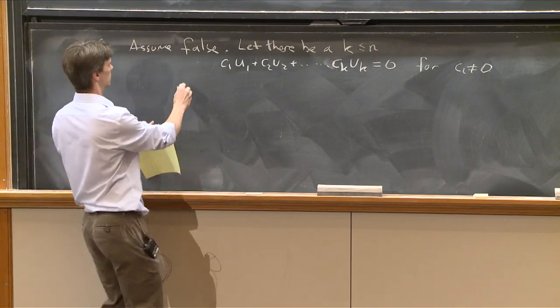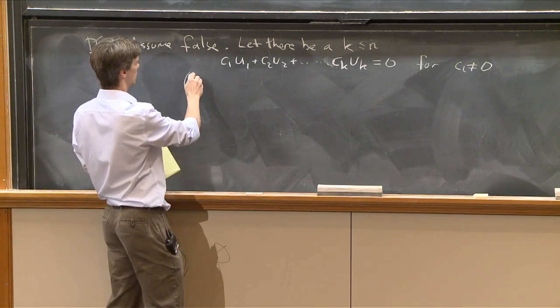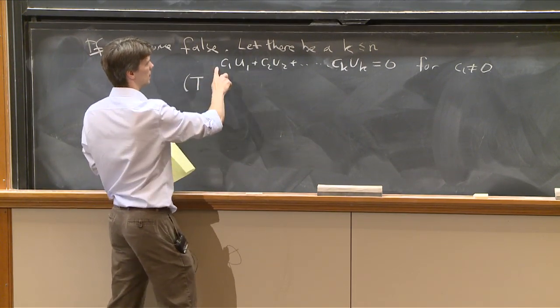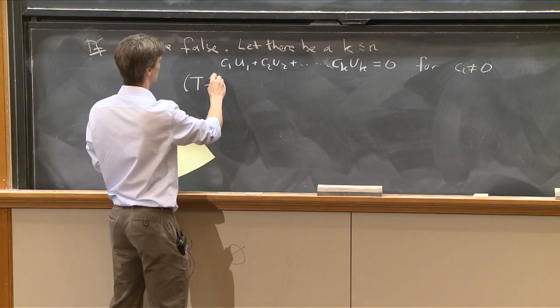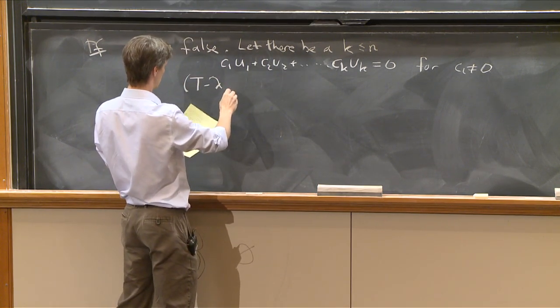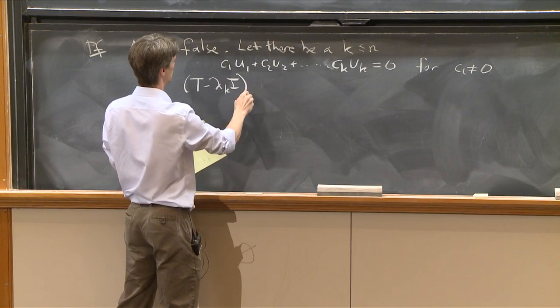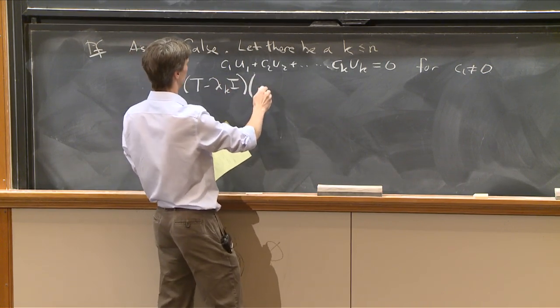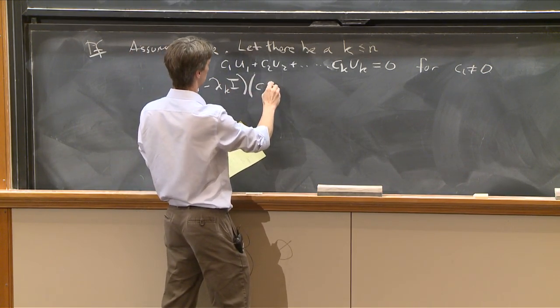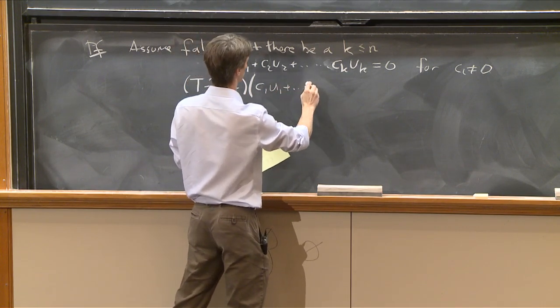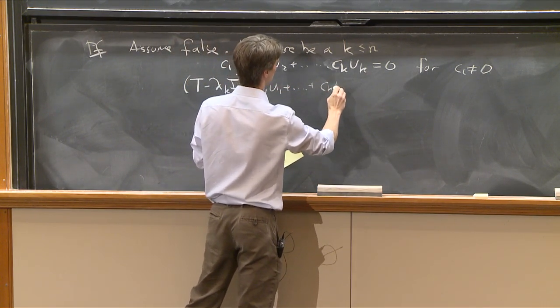So what we can do is then act on this vector with T minus lambda k times the identity, acting on this, C1 U1 plus dot dot dot plus CK UK.